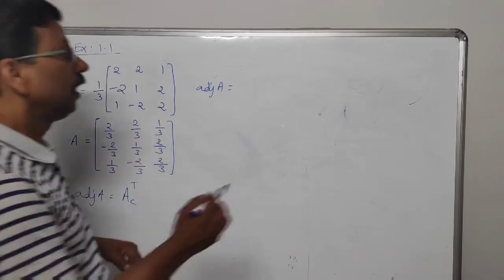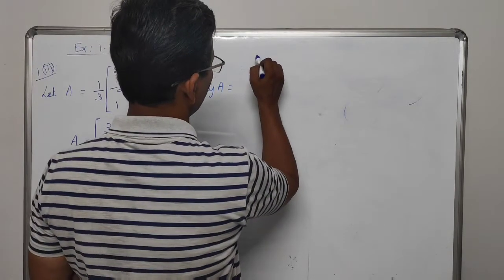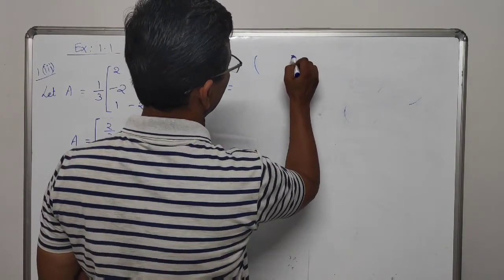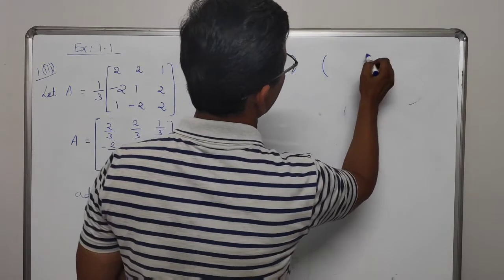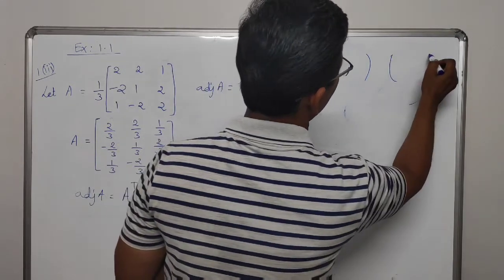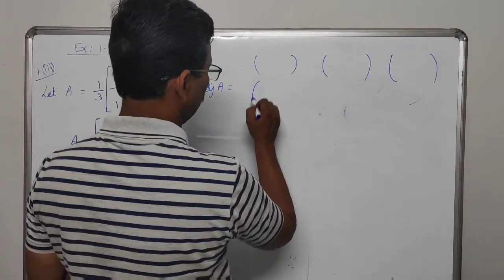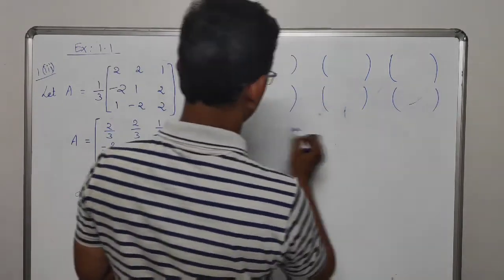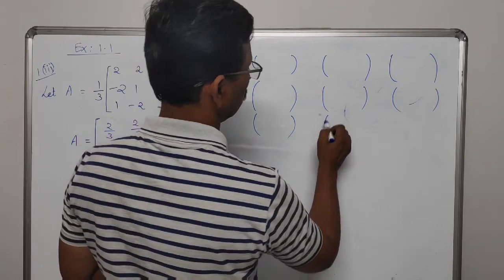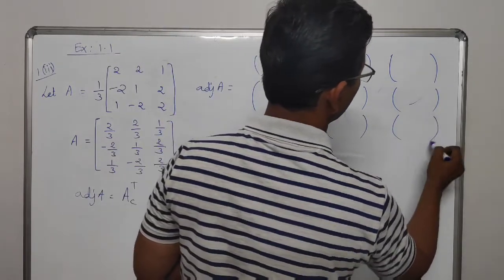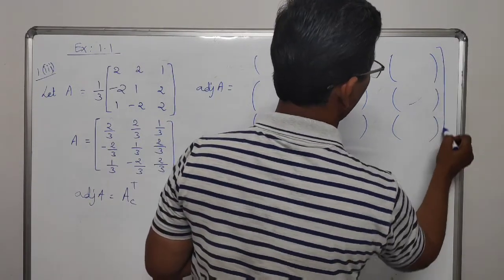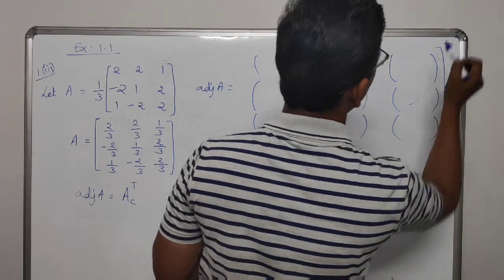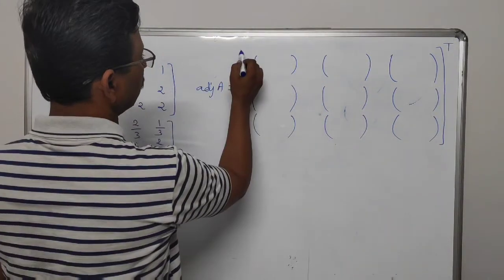For that, we assign 9 brackets. First bracket, then second bracket, then the third bracket. Likewise, for all 3 rows, we write the brackets first. For this, you have to take the transpose. Now we can assign the signs.